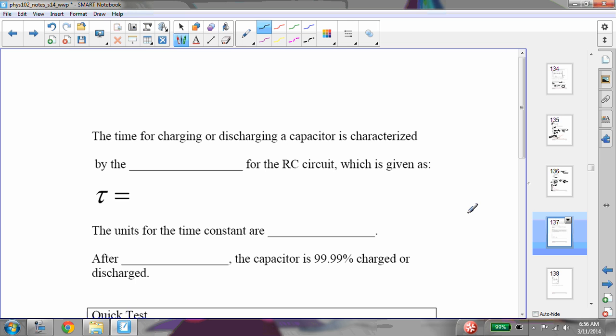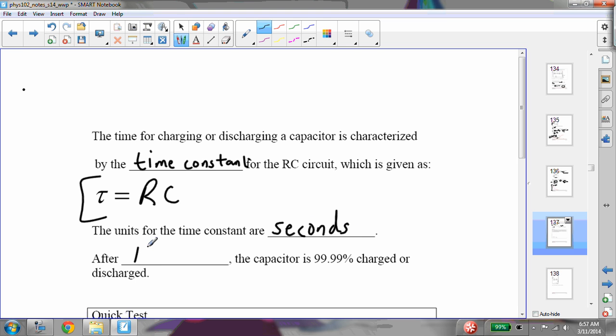Now, the time for charging or discharging a capacitor is characterized by the time constant for the RC circuit, and this time constant is given as tau. It's equal to the resistance times the capacitance. The units for the time constant are seconds.